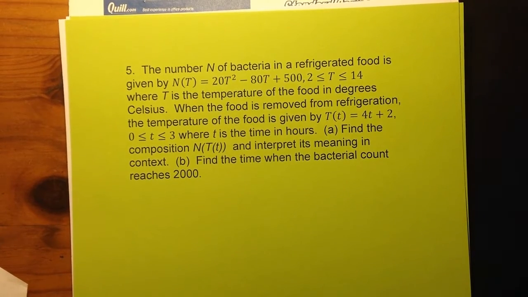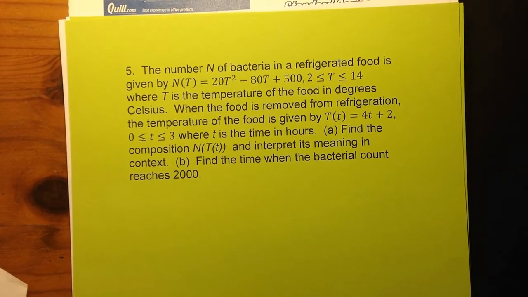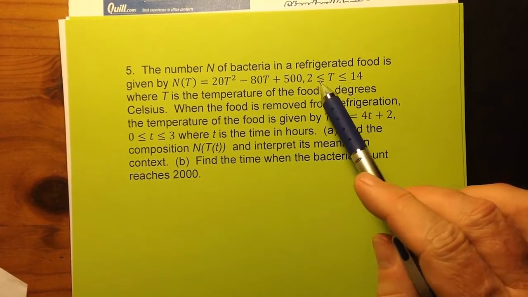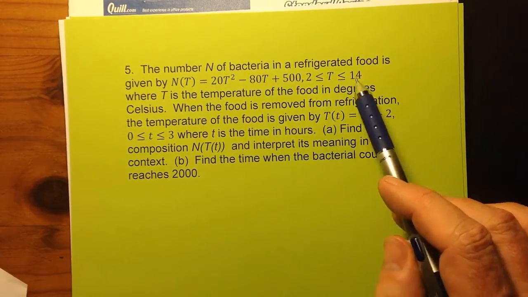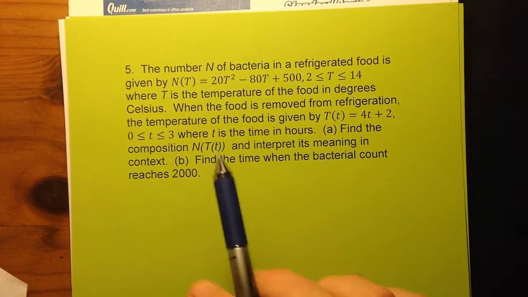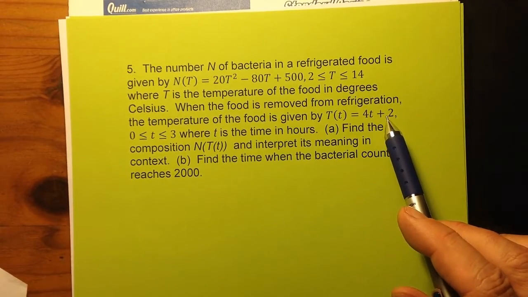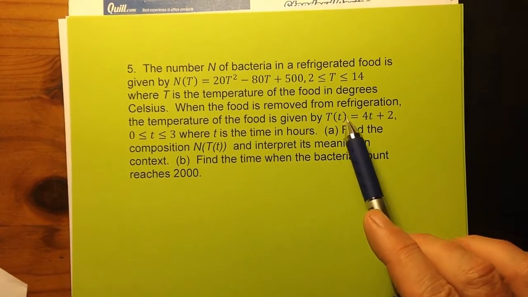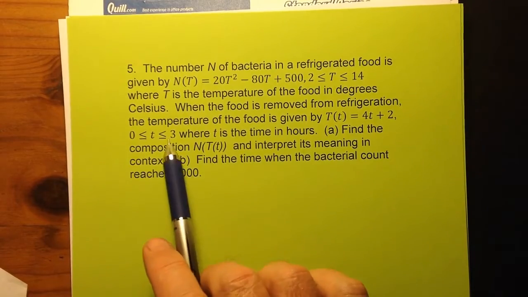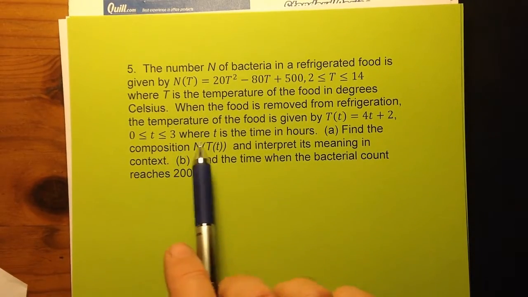The number n of bacteria in a refrigerated food is given by n of T equals 20T squared minus 80T plus 500, where T is between 2 and 14. T is the temperature of the food in degrees Celsius. So we're talking about between 2 and 14 degrees Celsius. When the food is removed from refrigeration, the temperature of the food is given by T of t equals 4t plus 2, where little t is between 0 and 3, time in hours.